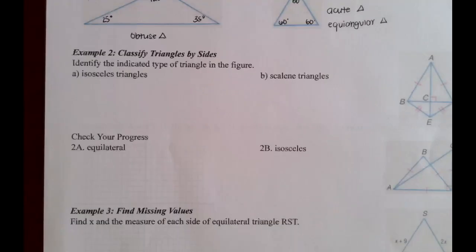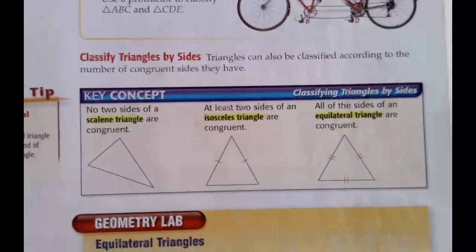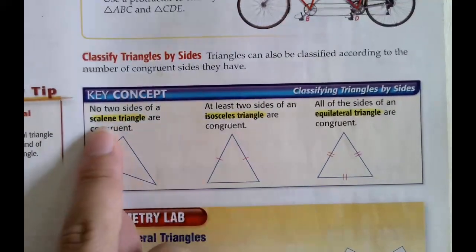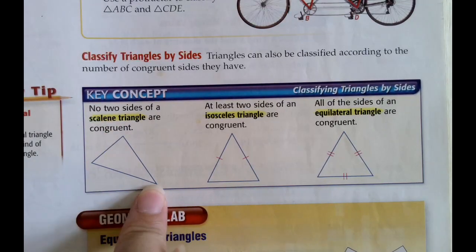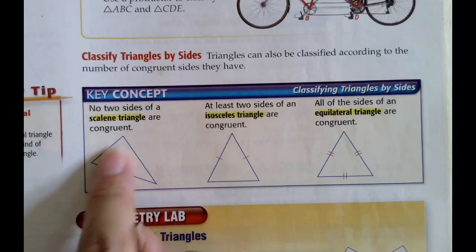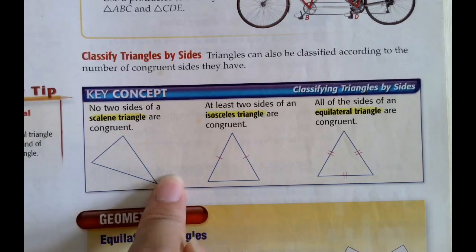So moving on to example 2, the other way we classify triangles is by sides. Okay? And if you look here at your book, how we classify triangles by sides: scalene triangles have all sides that have different measures, or another way of saying it is that no side is congruent to another. Okay?